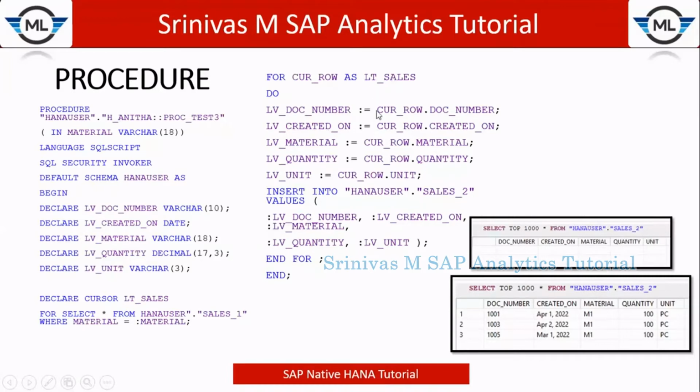And for each record, I defined one cur_row as a local work area. I am talking in terms of ABAP, but if you don't know ABAP, it's no problem. I can explain in an Excel sheet how exactly this mechanism works. So let's try to write the code.